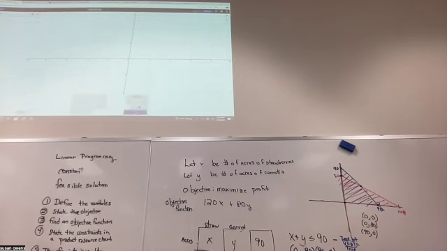Has everybody used Desmos before? Okay. Less than or equal to 90. Okay, so I shaded that one. And then that makes my 25x plus 45y.